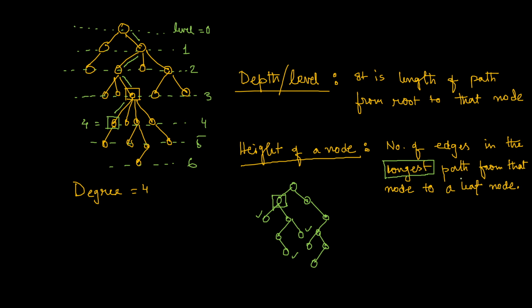Obviously it's a confusion, and that's why it is considered the longest path. Because if you start the journey from here, this node will take only 1. This node will take 1, then 2. And this node takes 1, then 2, then 3. So the height of the node will be equal to 3.